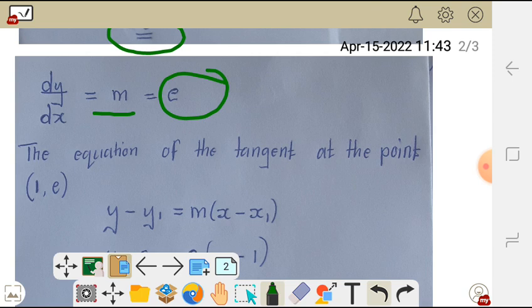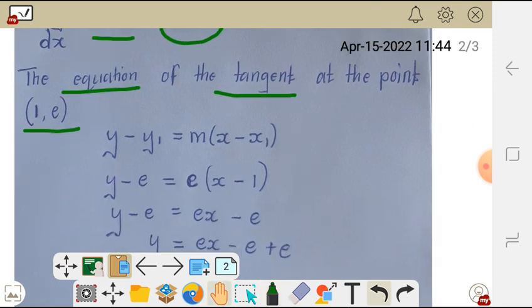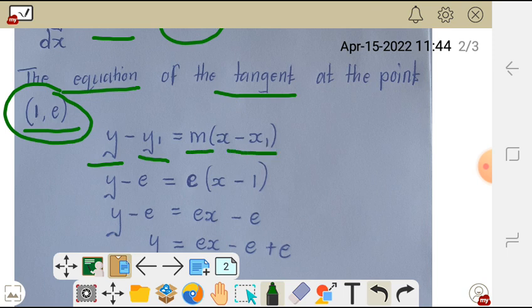So to find the equation of the tangent at the point (1, e), we are going to replace our point (1, e) in this equation, which is y minus y1 equals m, which is the gradient, times x minus x1. In this case we have our y1, which is e, and our x1 will be that one which is there. So I'm going to replace the values of y1, x1 and our gradient in this equation.